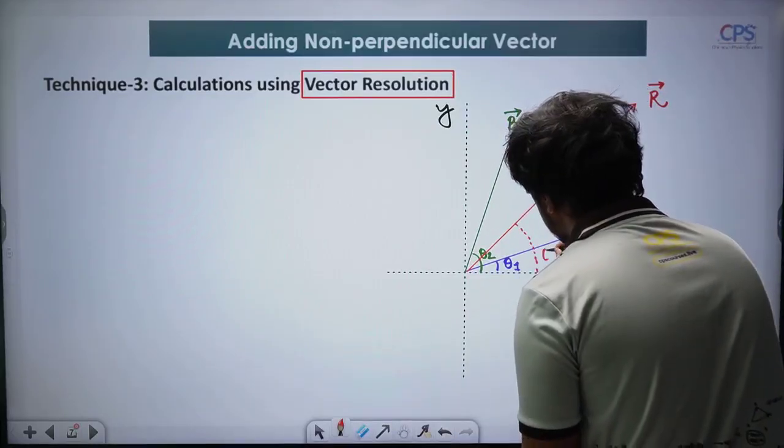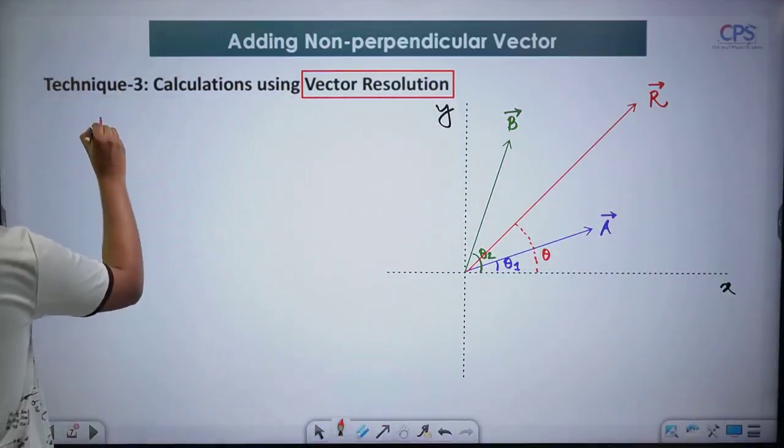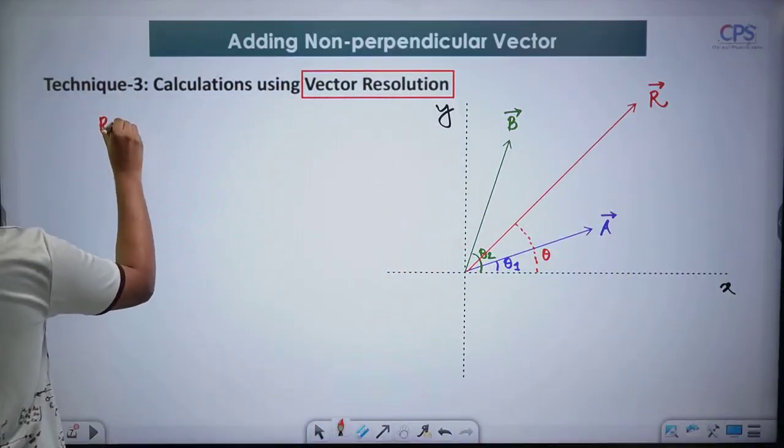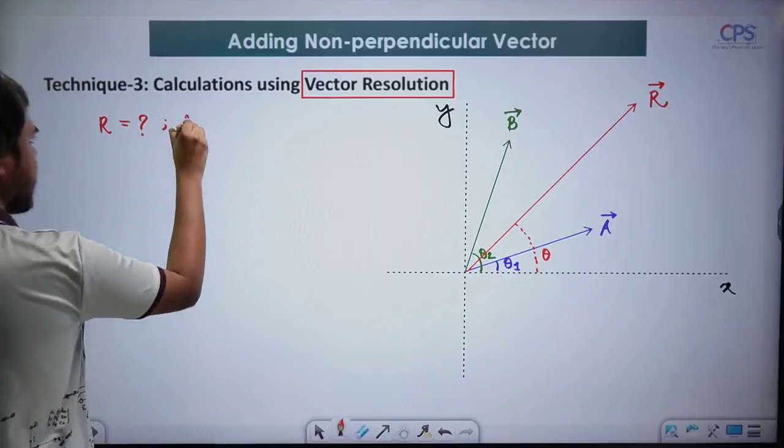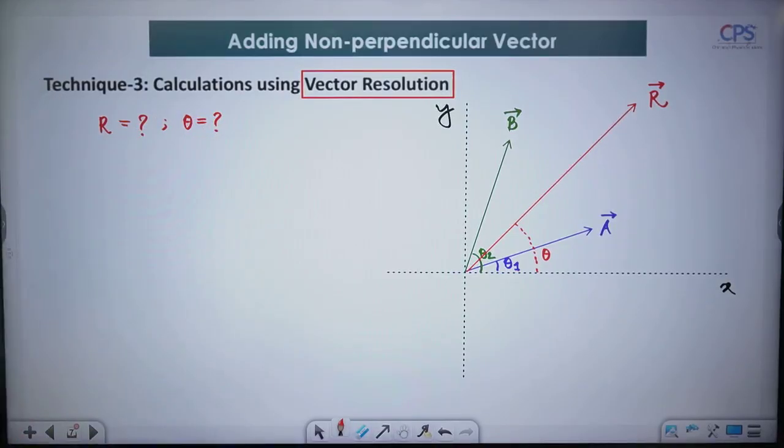So what do you need to calculate? You need to calculate the value of R and the angle theta. These two you need to calculate, nothing else. Nothing else you need to worry about. Just calculate what is R and what is theta.